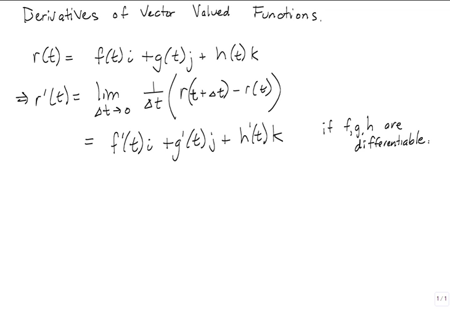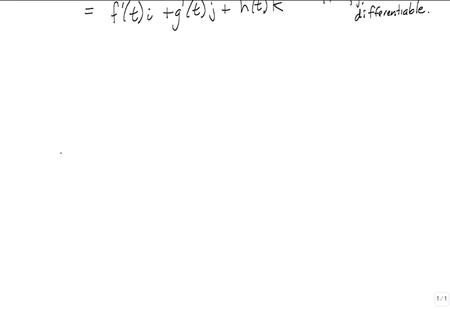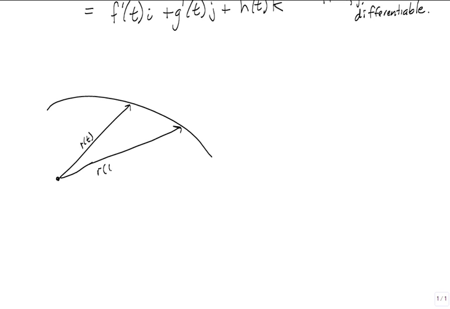All right, and drawing a picture of this, here's a curve. Here's r, from the origin. And if we move it over a little bit, let that be r of t plus delta t.